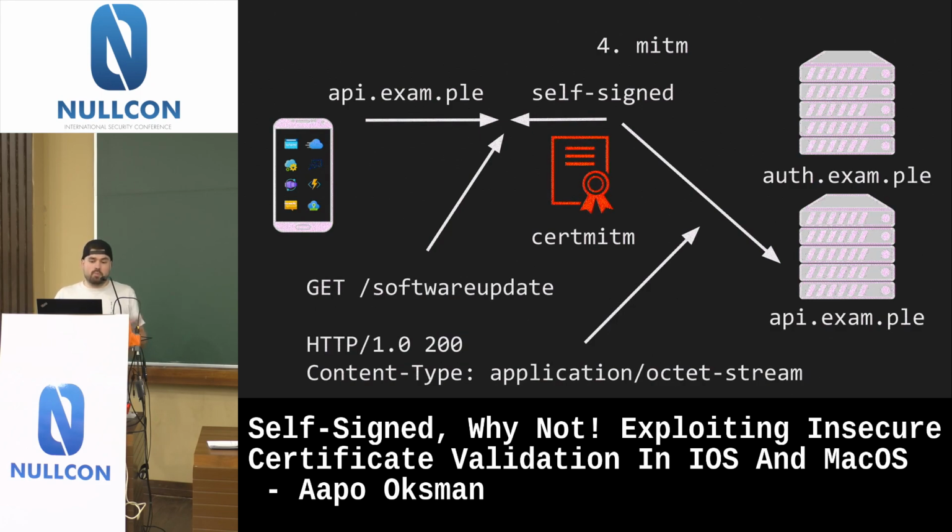And then it connects again. It tries to get a software update, and the server returns an application as a software update. And of course, we could also exploit the client by tampering with this software update. And then if the client accepts our update file, we will get remote code execution.